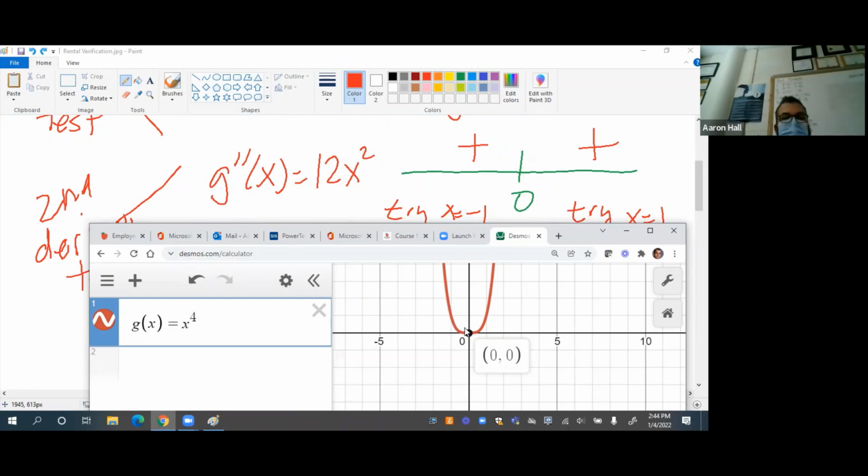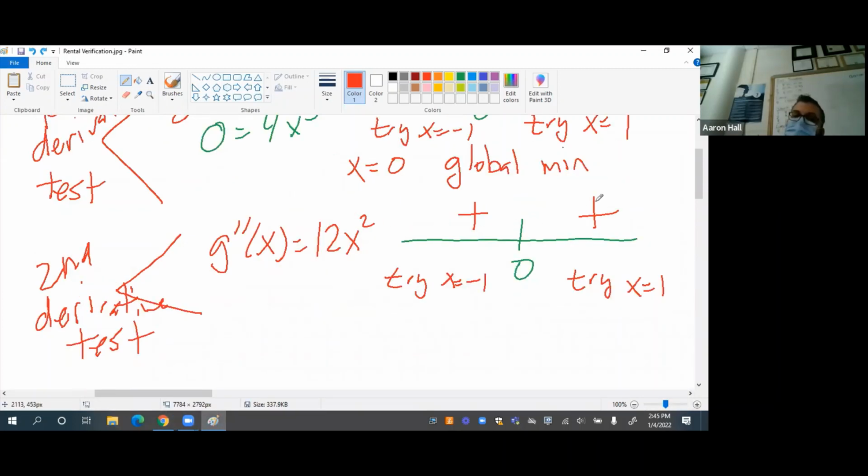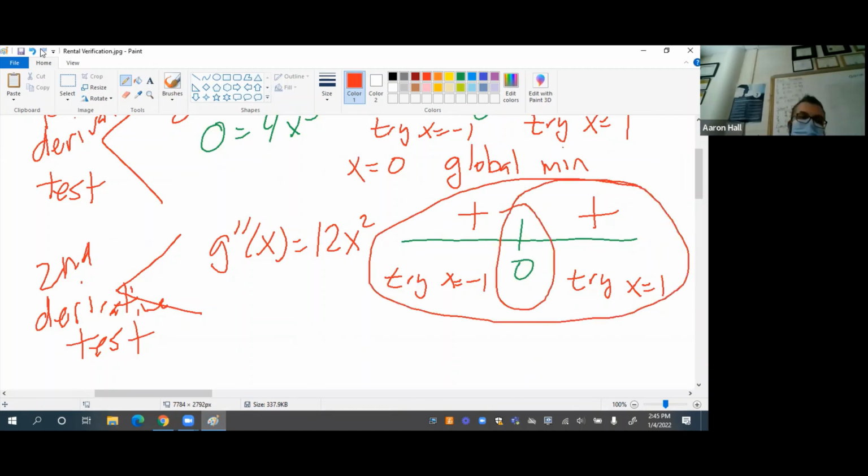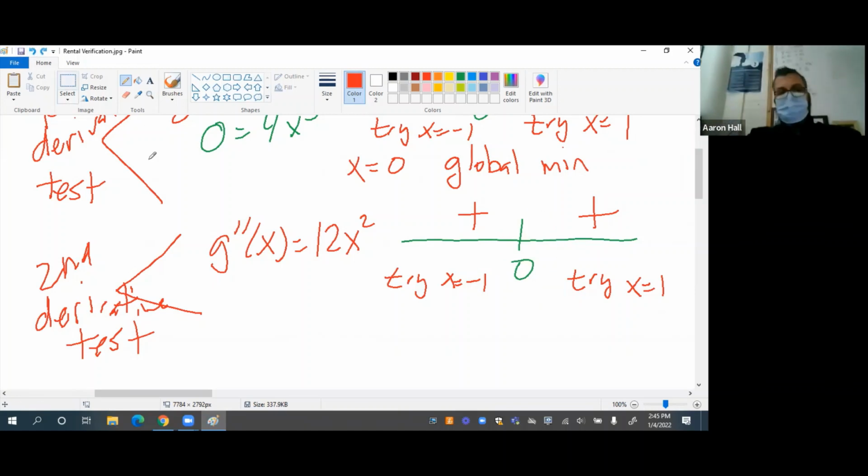Is it? Yep, it is. So all we found really is that this is a minimum. We do not have an inflection point. That example was meant to show you that we are not guaranteed an inflection point just because our second derivative equals 0. That's not a guarantee. Right, let's do another one.